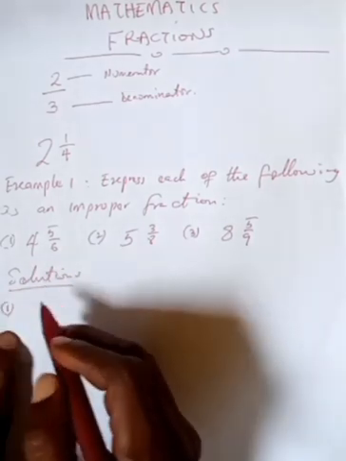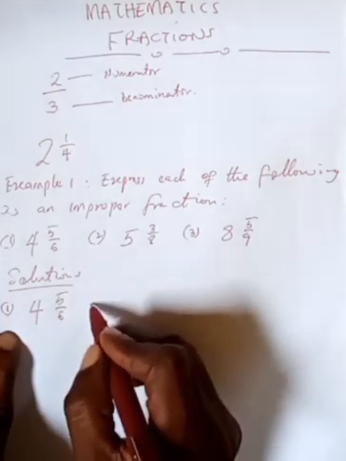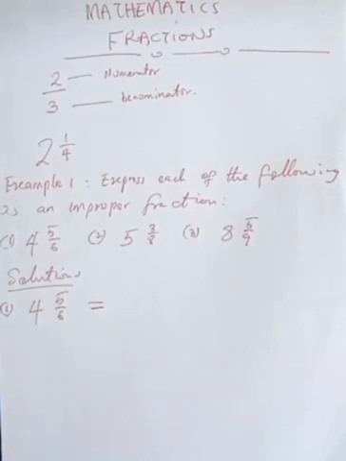So in number 1, what I have is 4 whole number 5 over 6. Expressing any number in improper form means we are going to follow some basic steps.